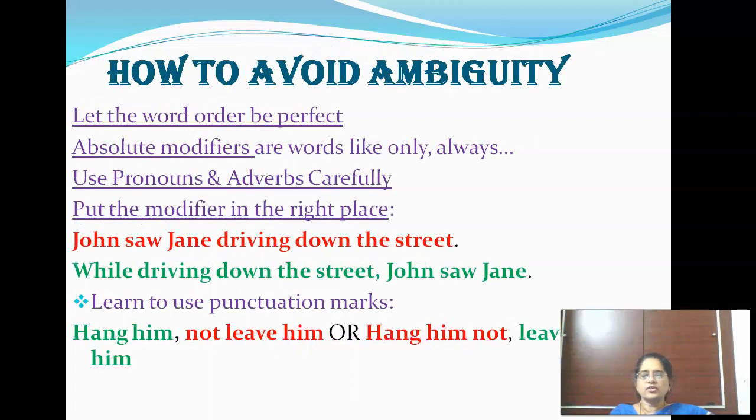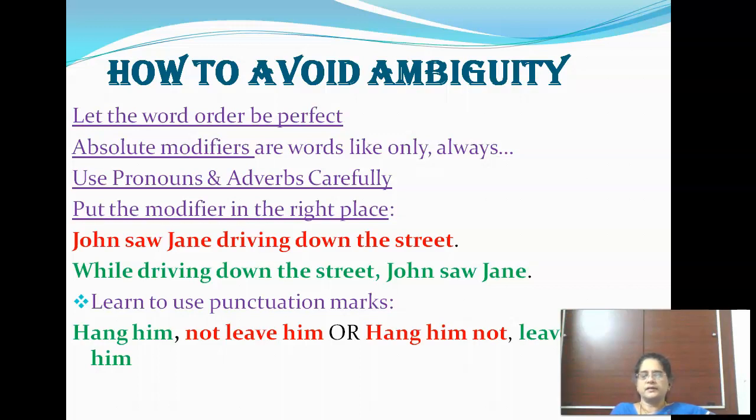So if you want to communicate effectively, we need to avoid ambiguity. How is it possible? In the first place, we must focus on the word order. We all know that in the English language, word order is something very, very important. So we need to follow that order.